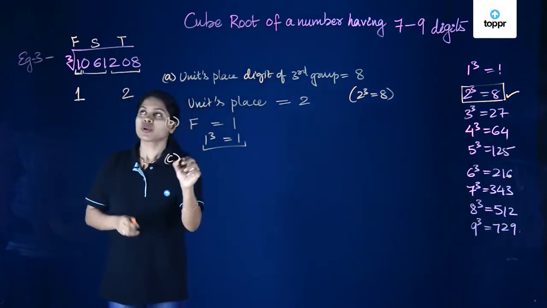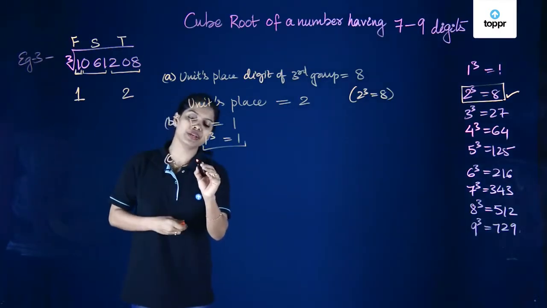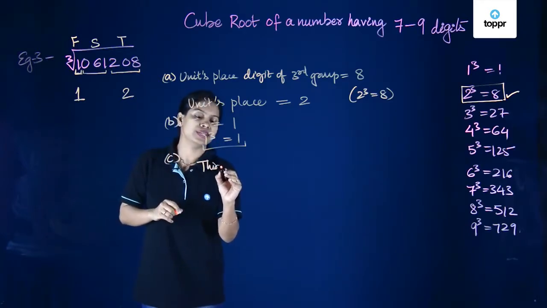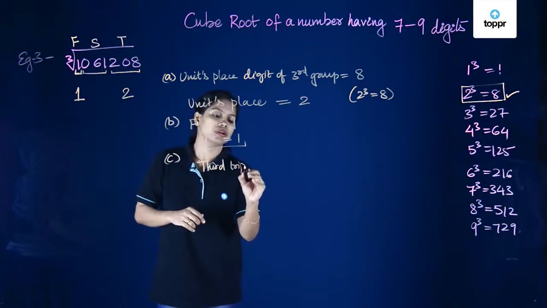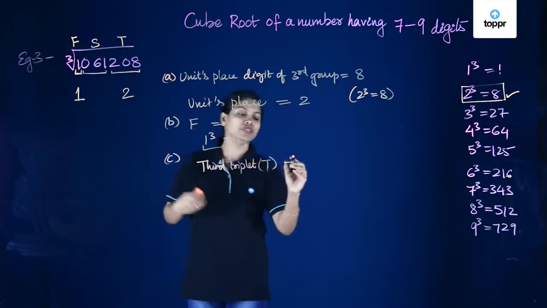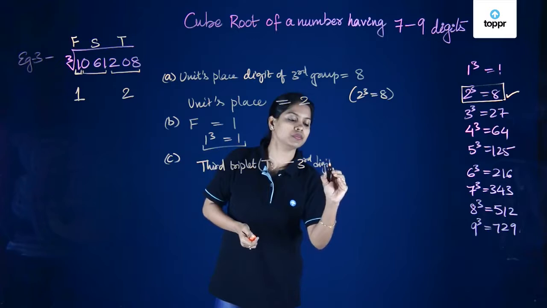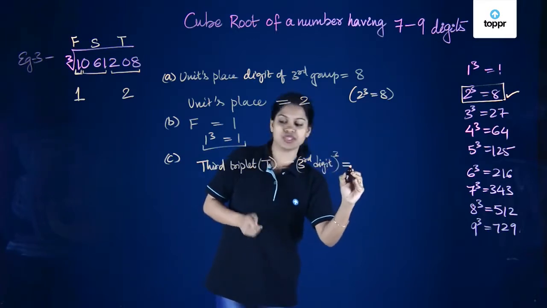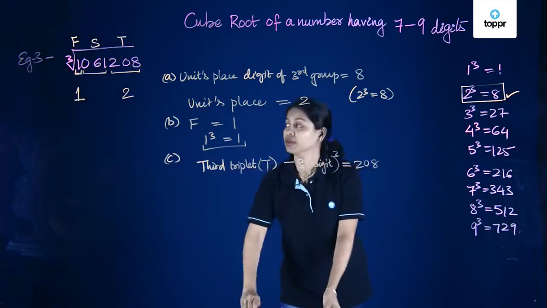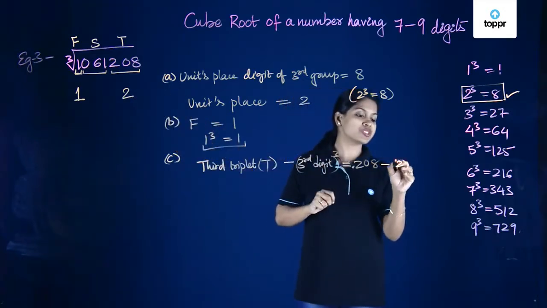Now we start to look for the second digit. Looking for the second digit, the first step is that we subtract from the third set or triplet, that is t, the cube of the third digit. 208 is the third triplet. From that, the third digit is equal to 2, so we subtract 2 cube.